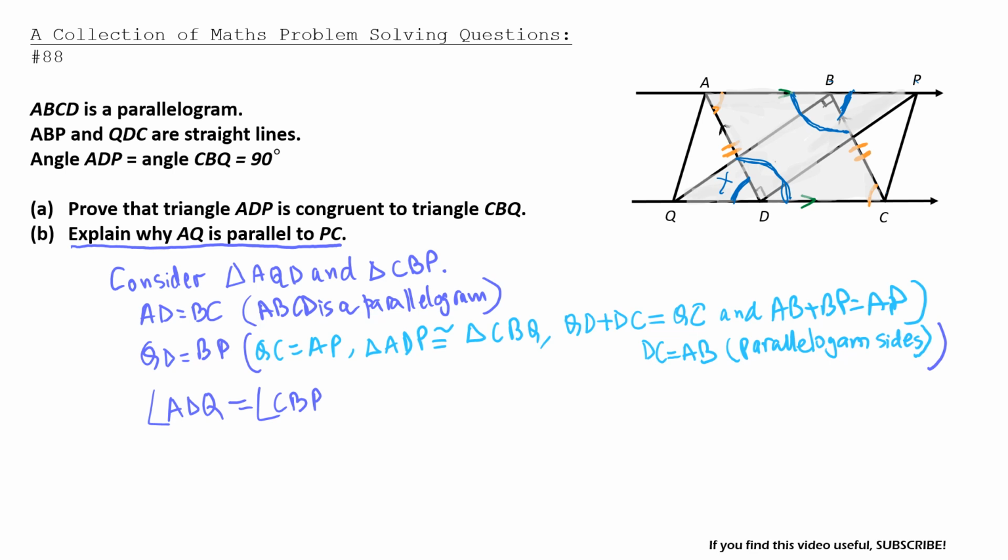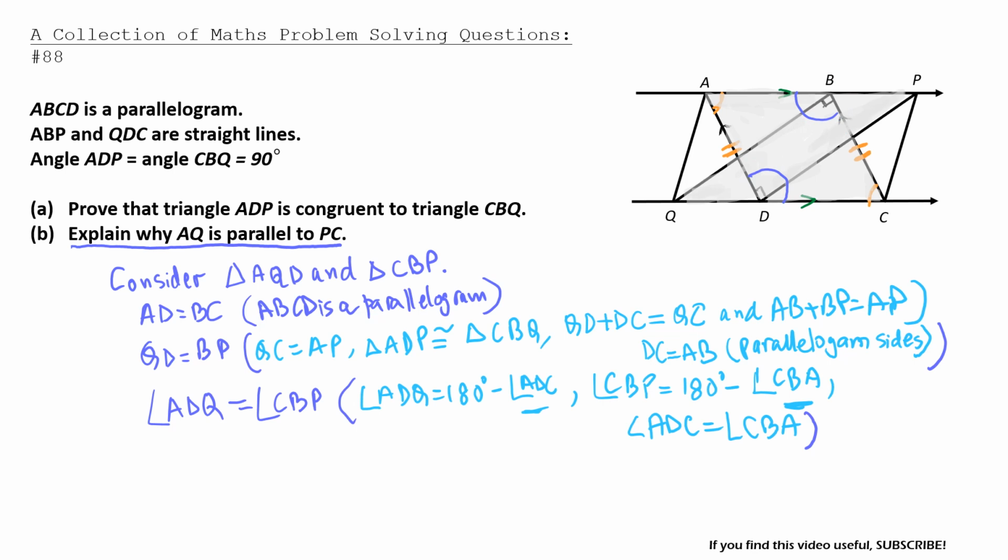And since these two angles are equal, therefore ADQ would equal CBP, I think. And that's my explanation I've put in there.